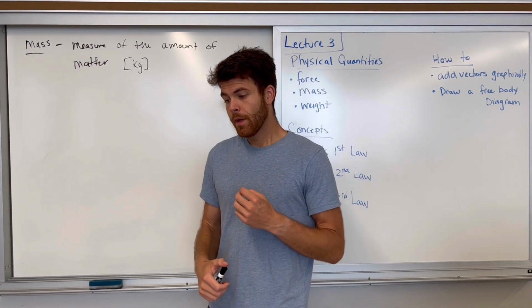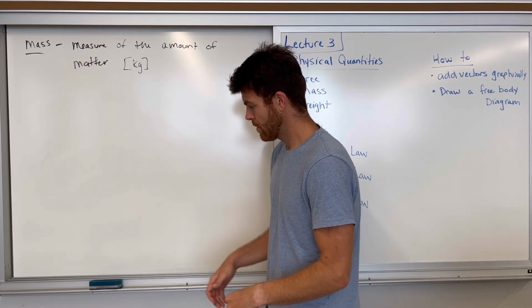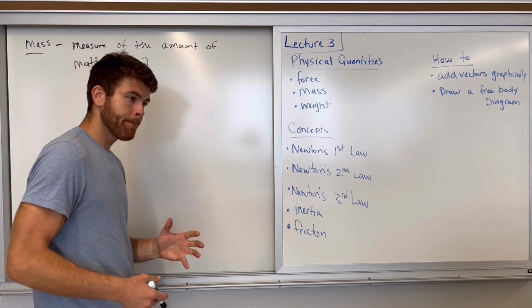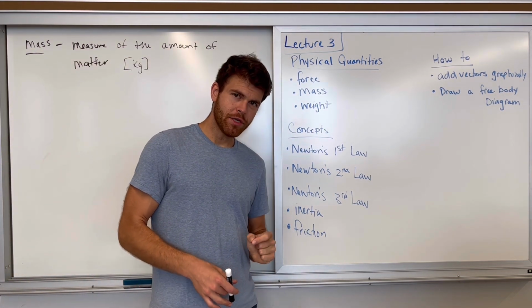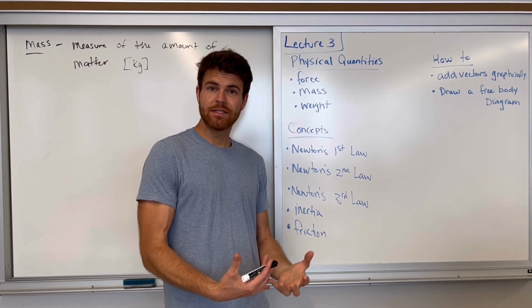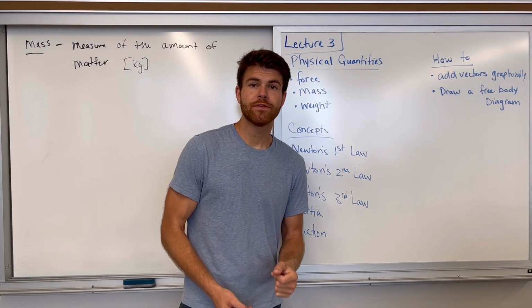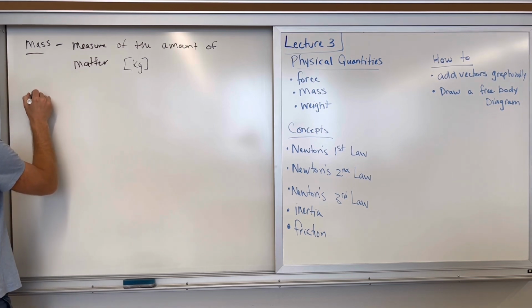Now, when it comes to motion, mass is important because objects don't like to change the way that they're moving. That resistance to a change in their motion is known as inertia. You might have heard that term before too.